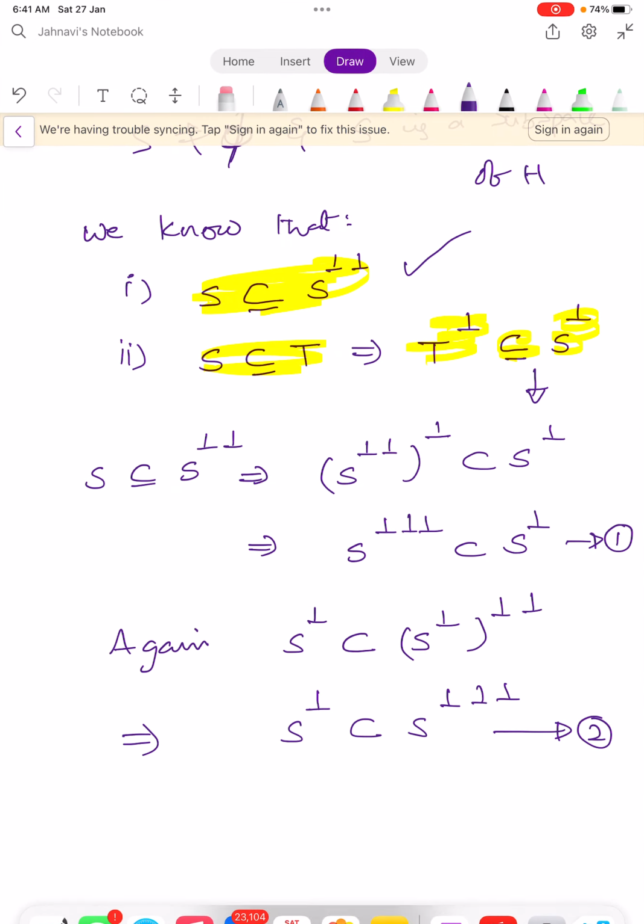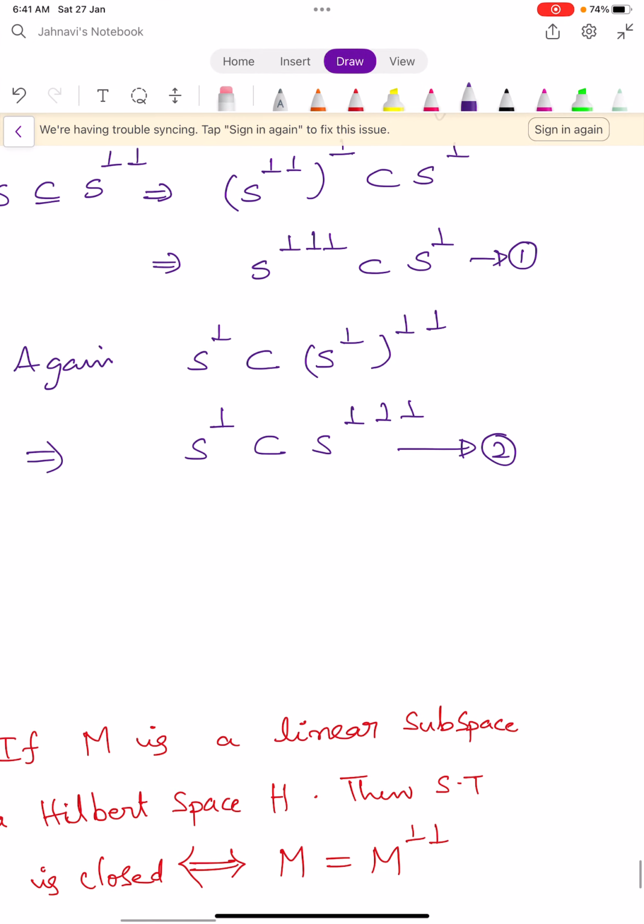Now combining equations 1 and 2, from equations 1 and 2, we conclude that S perpendicular is equal to S triple perpendicular.